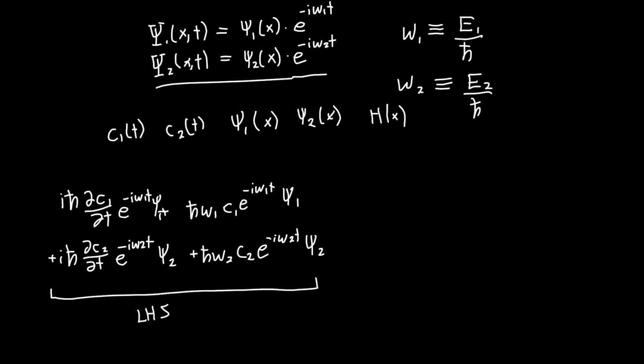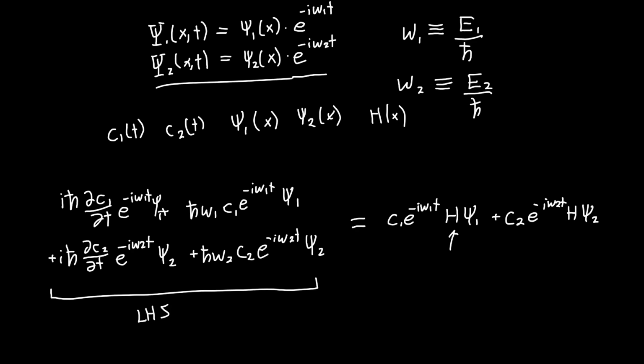And this is all equal to, on the right-hand side, c1 times e to the minus i omega 1 t times the Hamiltonian times psi 1, plus c2 e to the minus i omega 2 t times the Hamiltonian times psi 2. And you might say, well, Jordan, this is hideous and disgusting. What am I supposed to do with this? But remember a couple of things.